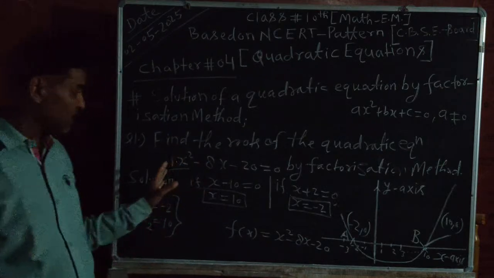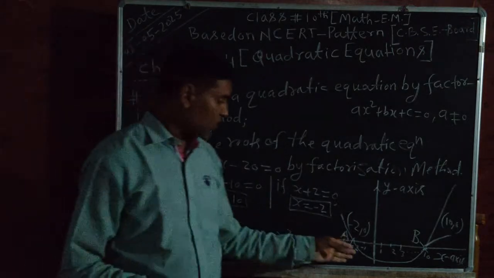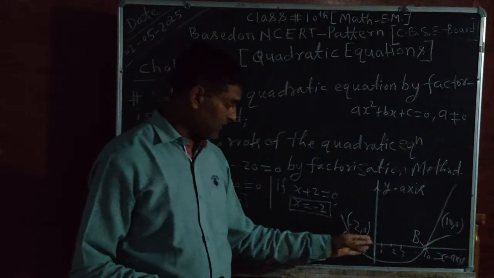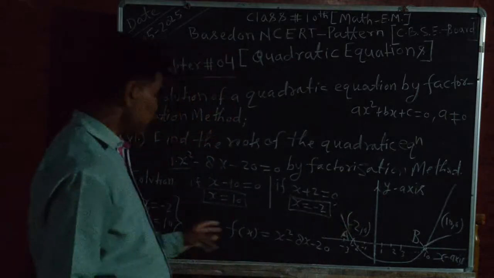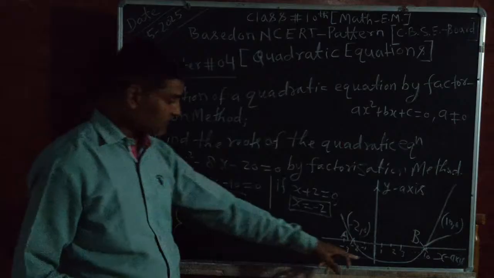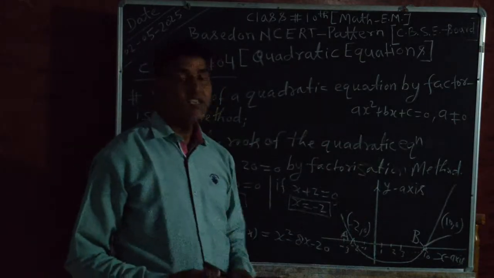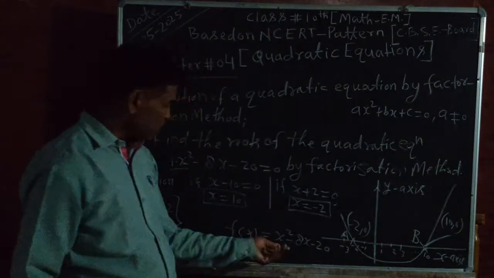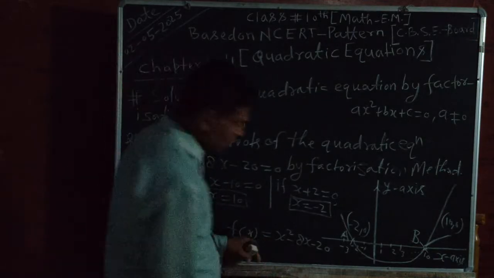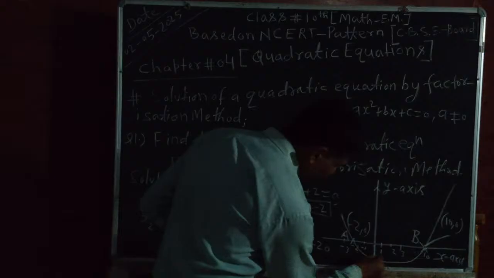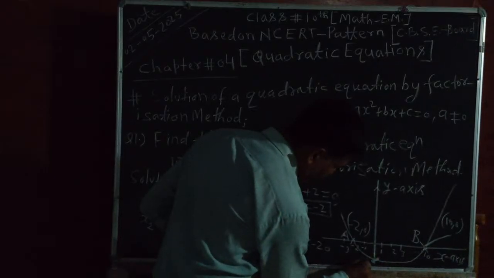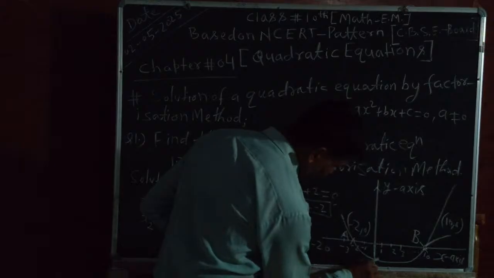That quadratic equation you can easily draw on the x and y axes, because if you want to get the value of y, it means on the y-axis x is always 0. So you put x equal to 0. This curve will cut the y-axis at minus 20 comma 0.